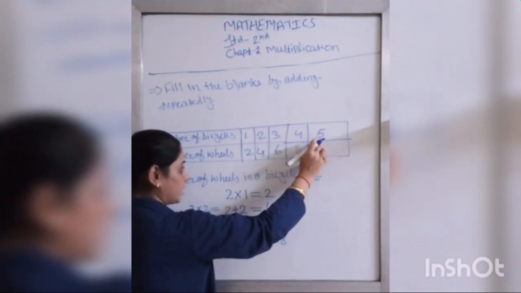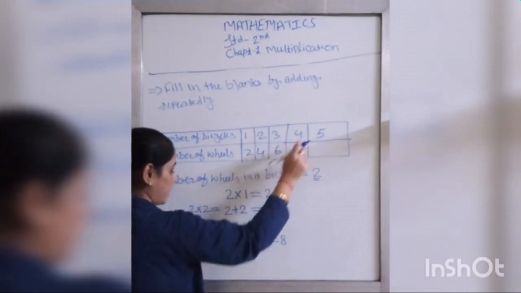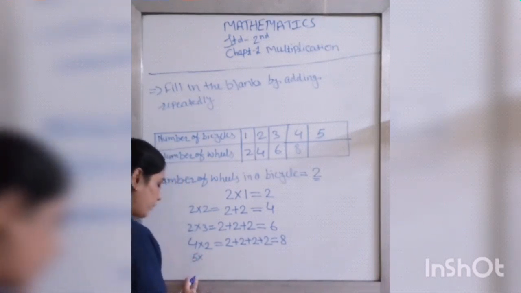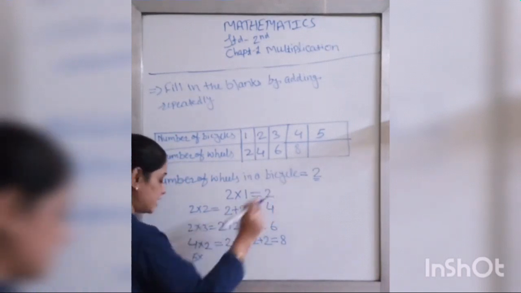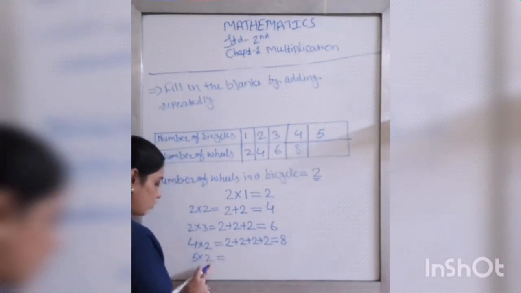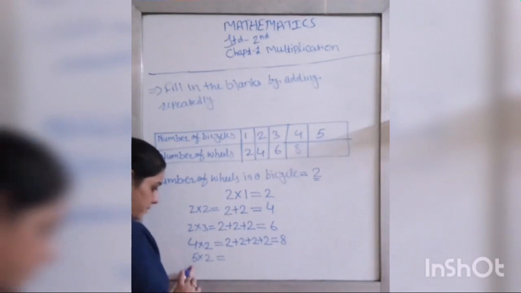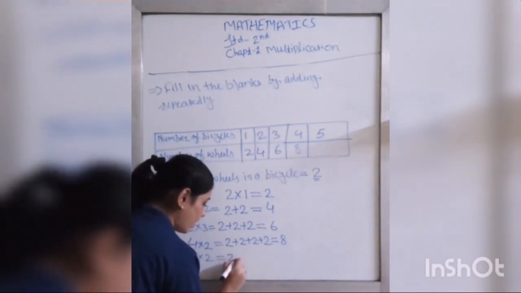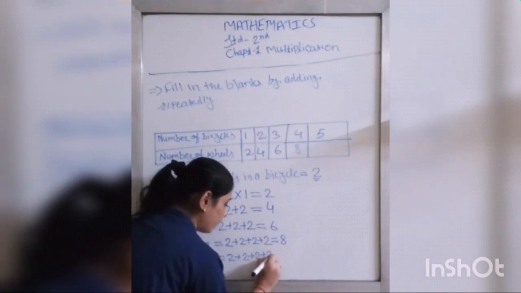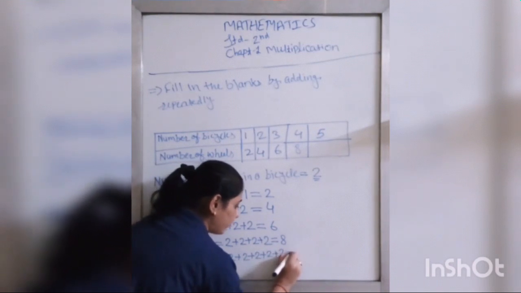Now see the next one. Try yourself. What is the number of bicycles? 5. And the number of wheels in one bicycle is 2. So this 2 we will add how many times? 5 times. 1, 2, 3, 4 and 5.